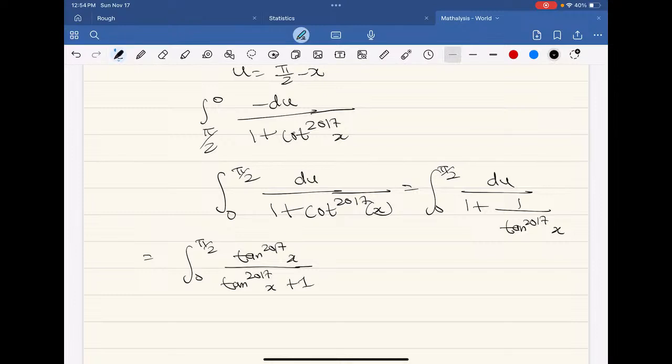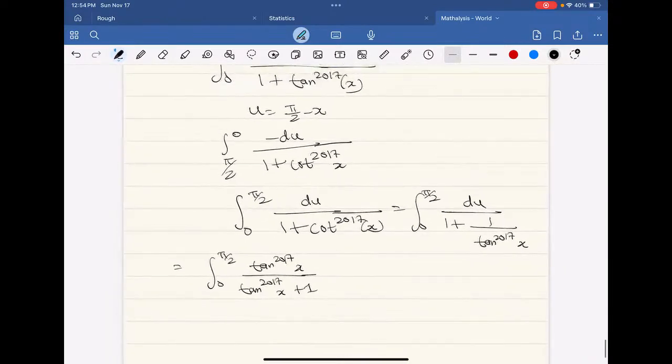Okay, so this should have been du actually, not x, because here x is pi by 2 minus u, so this should have been u. I'm sorry for writing x. Yeah, so this is just u, and these are also u, du.